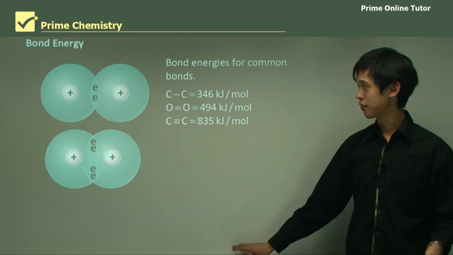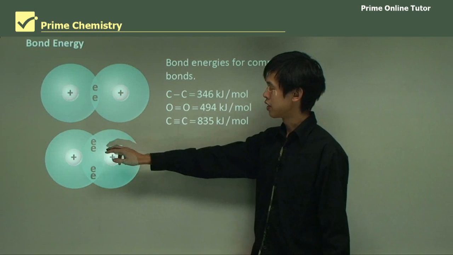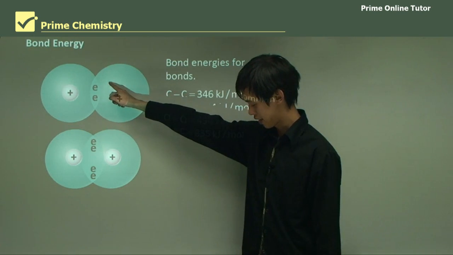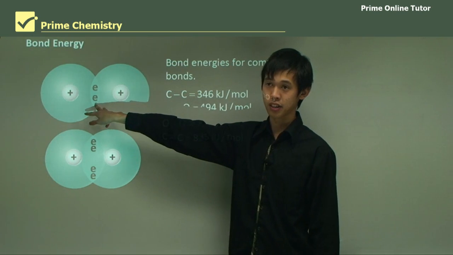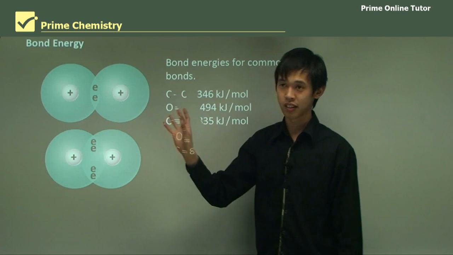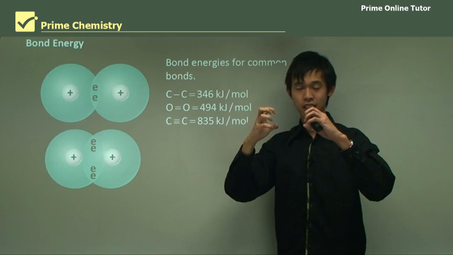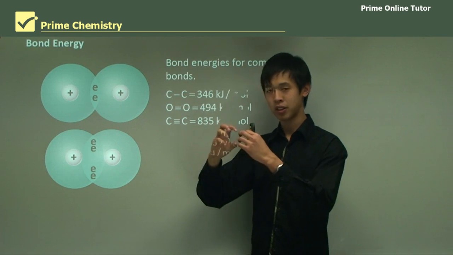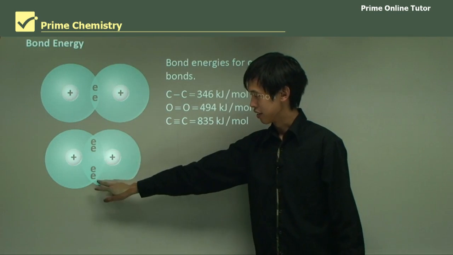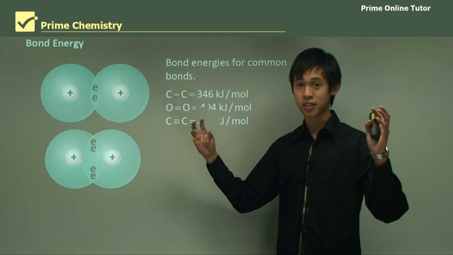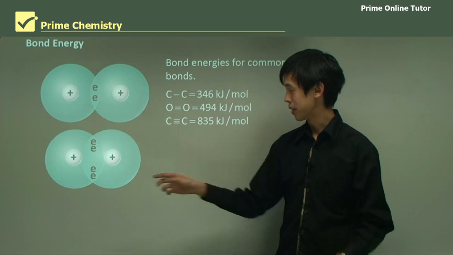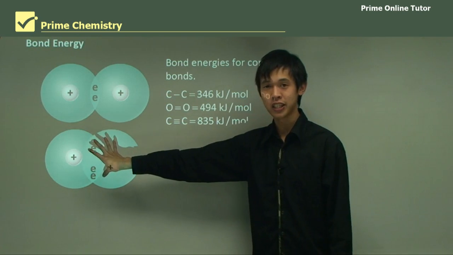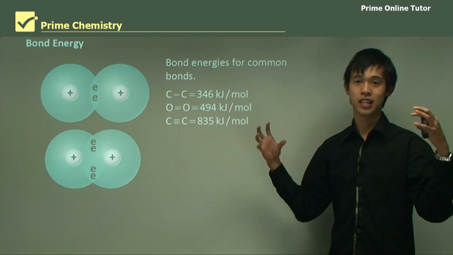But if you look over here, here's a single bond. There are 2 electrons in the single bond, and these 2 electrons attract the positively charged nuclei, right? Now you put more electrons here, and they attract the nuclei more greatly because there's more charge, meaning it attracts more strongly.